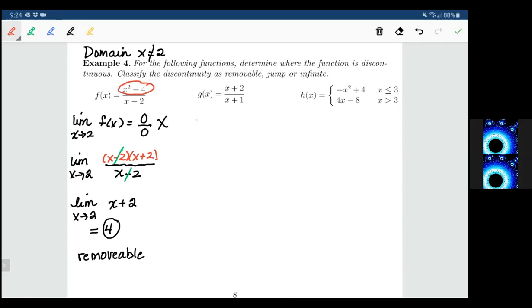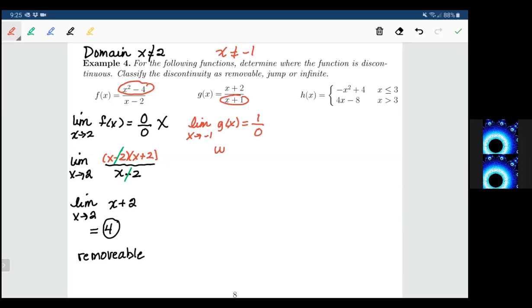Now with g of x, again, we can see the domain here is x cannot equal negative 1. So this is a rational function. Let's examine what happens when you take the limit as x approaches negative 1 of g of x. Well, by direct substitution, -1 plus 2 is 1, and -1 plus 1 is 0.